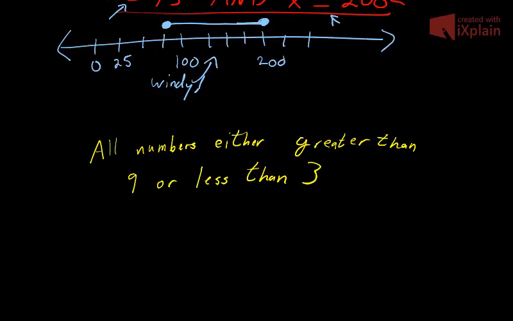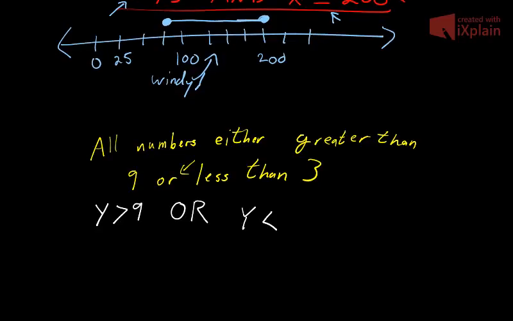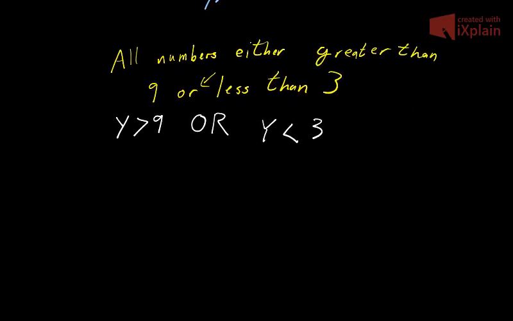Again, this is an English sentence, so we're just going to have the lowercase or there. But the way we would write this in math is, when we're talking about a number, we need a variable. Let's use y because we used x last time. So y is going to be greater than 9, or, capital for the math one, y is going to be less than 3.